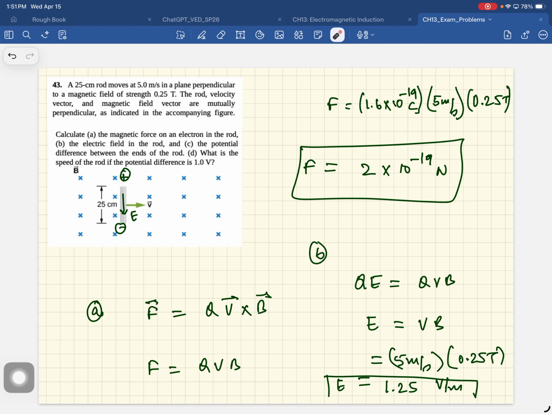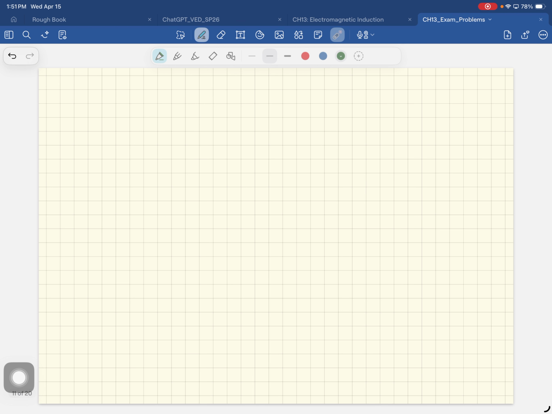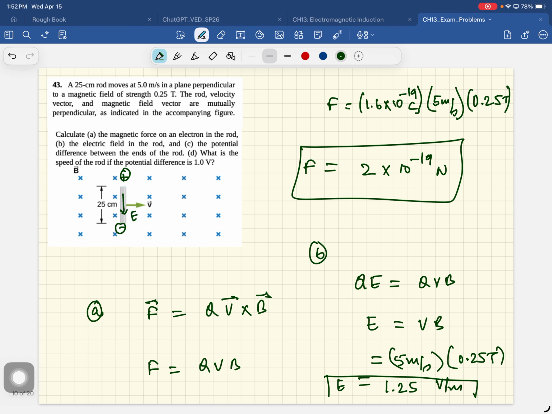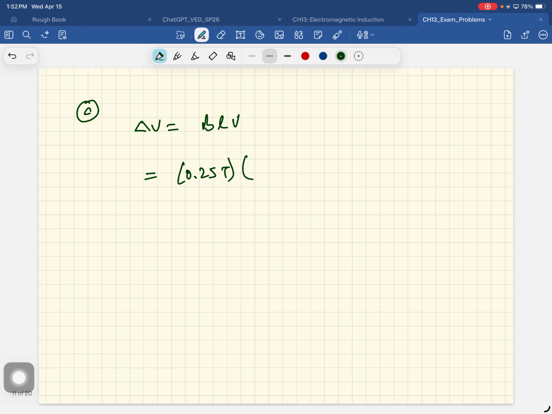Okay, so there's the magnetic field, and you're decreasing the magnetic field, so you're reducing it, and the induced field has to produce a field in that direction, so the induced current will be in this direction. Okay.